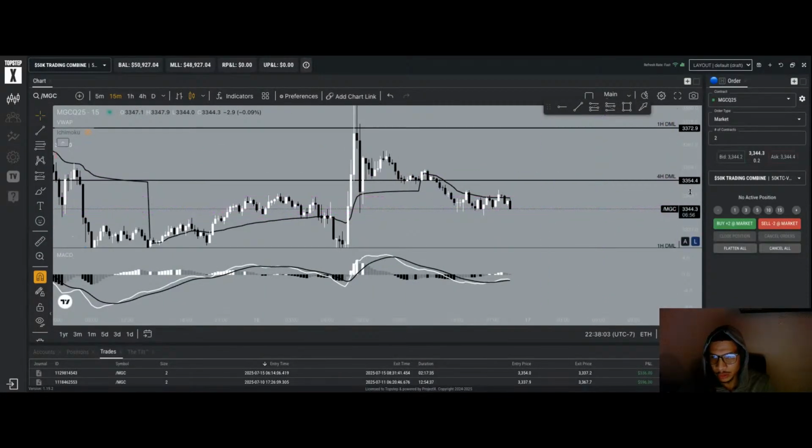So gold is moving downwards. I did see that tomorrow, and you can't see the screen I'm looking at right now, but I'm looking at Forex Factory. Tomorrow we have retail sales, core retail sales, and retail sales month over month. I was doing a little research on how those could impact the market.